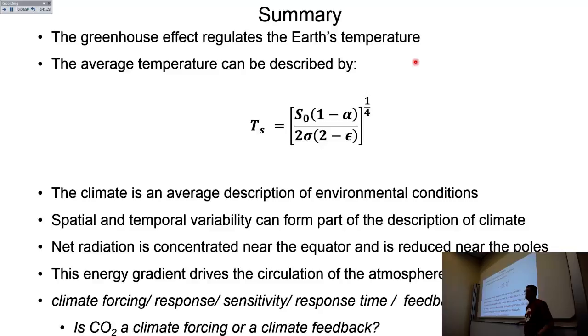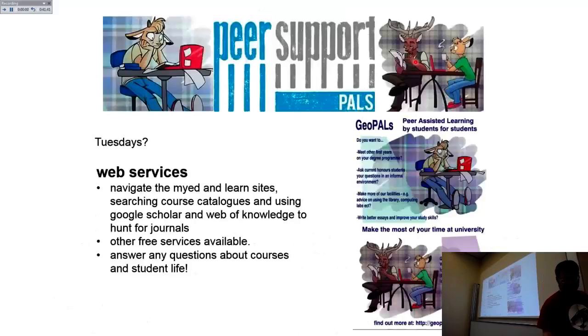The more emissive or absorptive the atmosphere is, the more greenhouse gases we have in the atmosphere, the warmer the planet will get. And there's some other stuff on here which I'll let you go through in your own time.